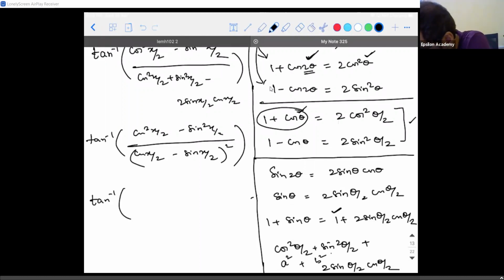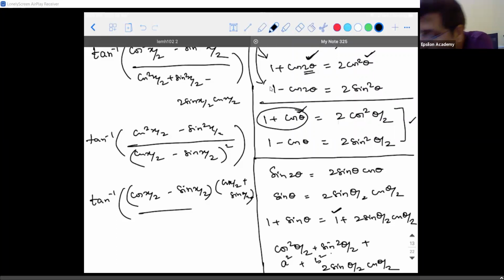A square minus b square can be written as a minus b into a plus b, the whole divided by cos x by 2 minus sin x by 2 the whole square.